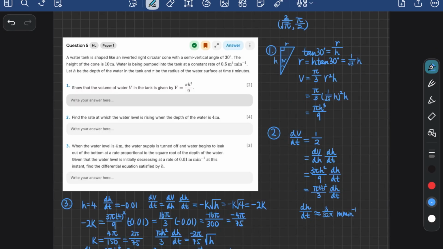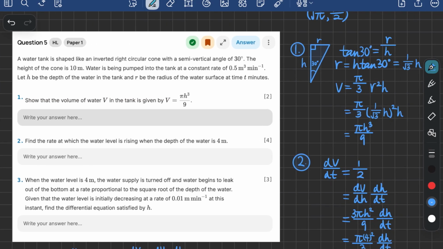So this paper 1 question is a bit more complicated in the wording and setting up the derivative equations for related rates. It's also about a water tank in the shape of an inverted right circular cone. So this is 90 degrees right here, and with a semi-vertical angle of 30 degrees.